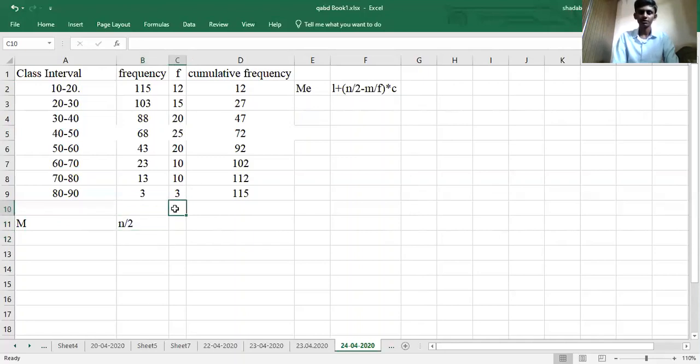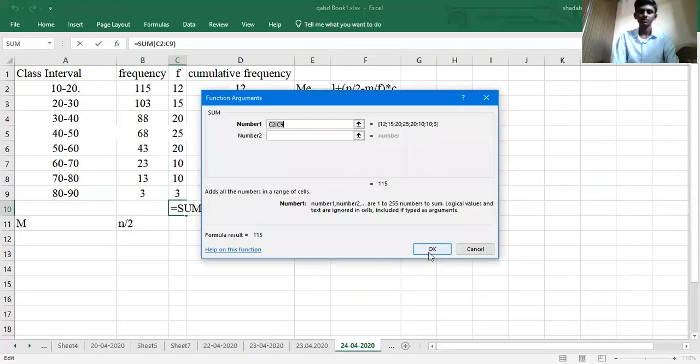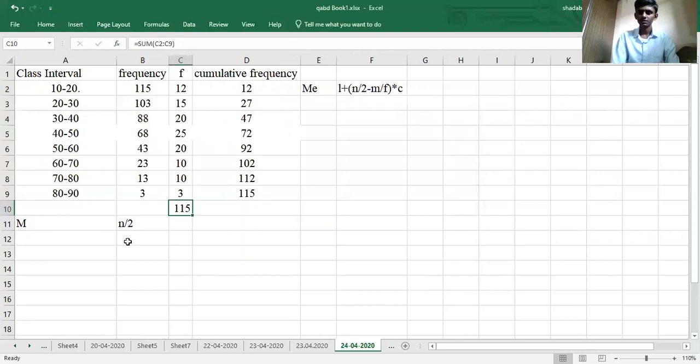Just add all these frequencies, we get 115. Here N equals 115 divided by 2, 57.5. Hope you understand this one. M equals N divided by 2 is 57.5, N equals 115.